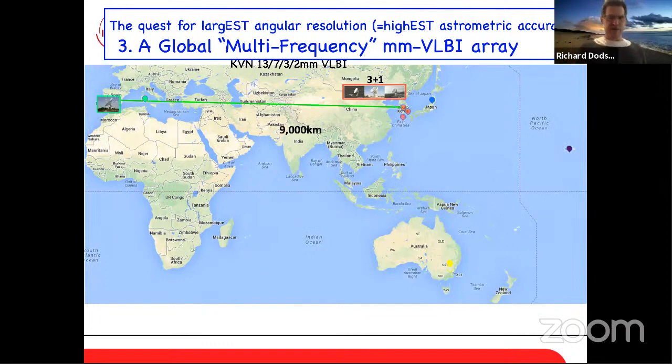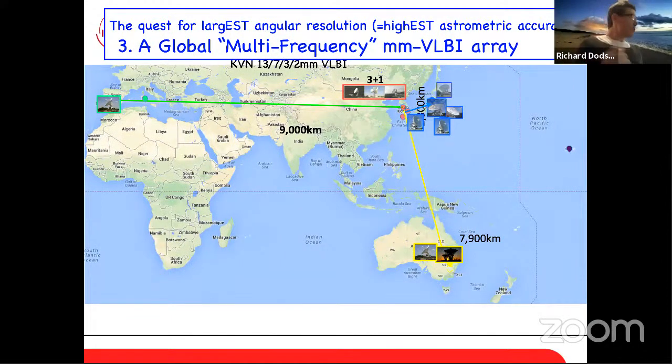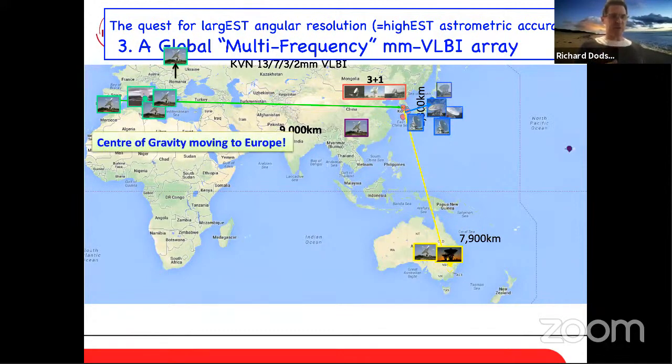Now there have been connections to the VERA antennas, to Australian antennas. Thailand has been built and will be compatible because it's the same as Yebes. And the center of gravity of this SFPR array is moving towards Europe. So I think there's strong ground for doing lots of work there. There's been a fair amount of work on how and why to do it in those publications.